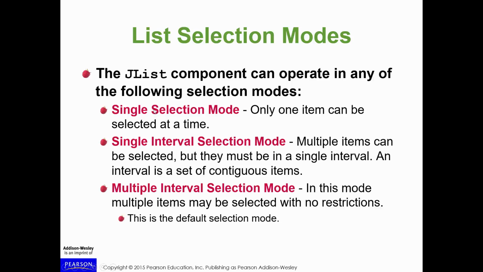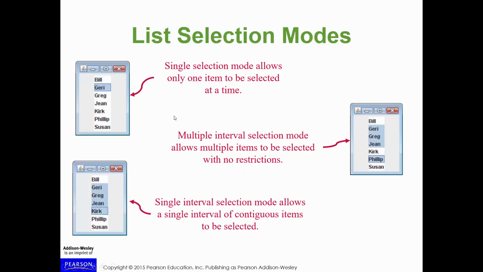Now, this is something you'd use for a lot of different things. You could have a drop-down list for states, for example, and then you probably would only want it in single selection mode. Here's that same list of names that we saw before, and there's single selection, where we can only select one name at a time. There's single interval, where we can select multiple, but they must be contiguous.